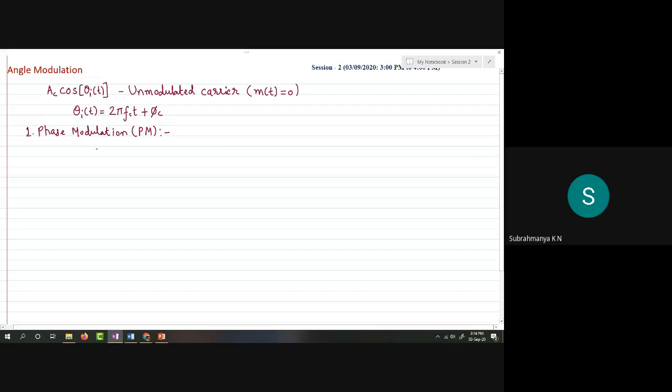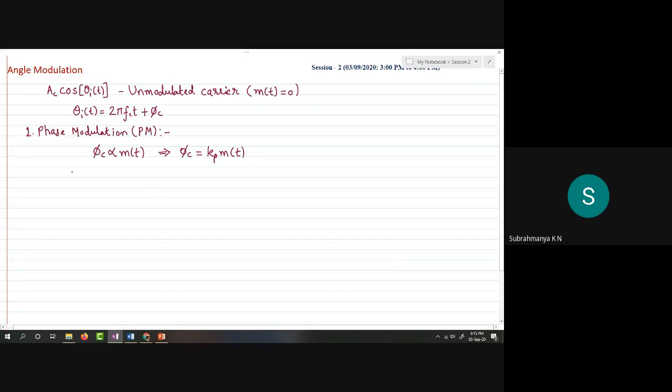So phi c, which is the phase, is varied with respect to the information bearing signal. It is directly proportional to the information bearing signal, and direct proportionality means that we are varying the phase linearly. So we can write this with a constant of proportionality, say kp times m(t).